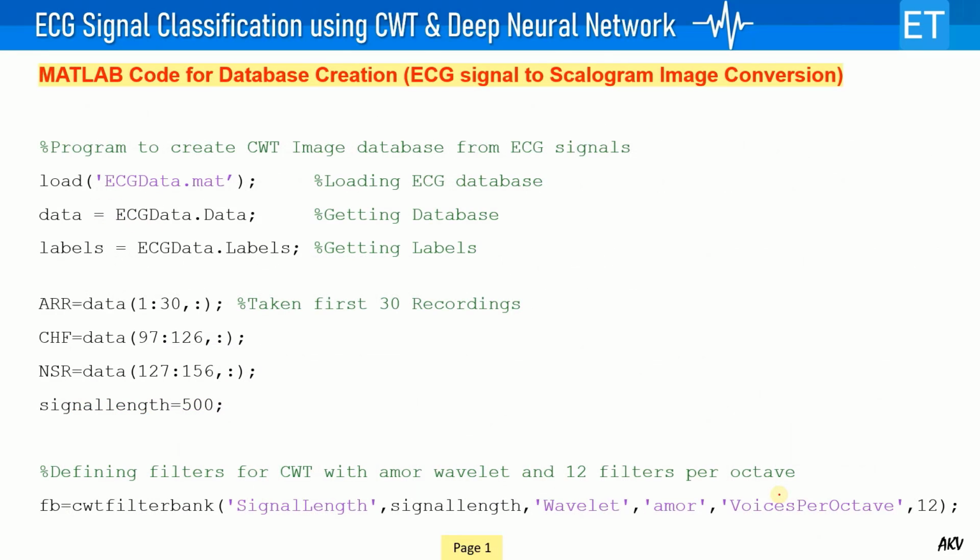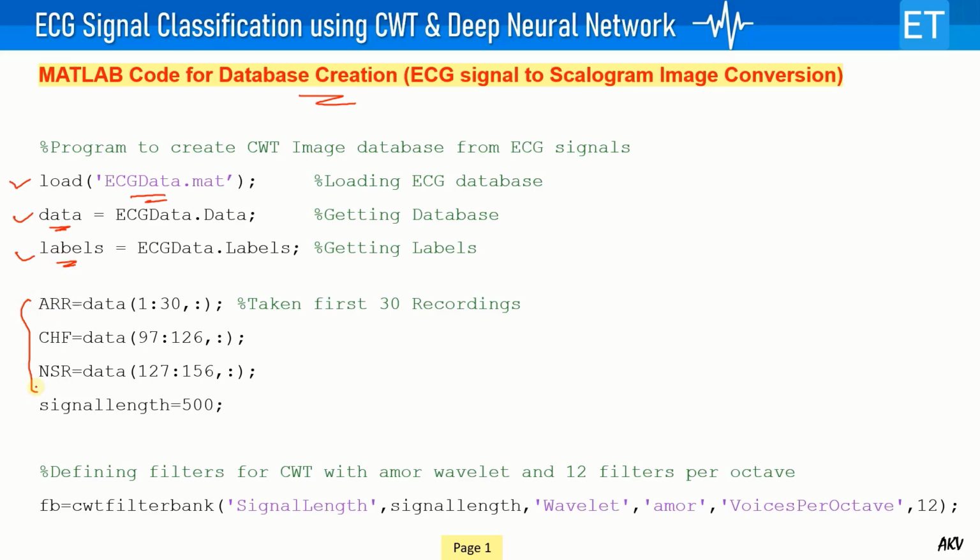This is the MATLAB code for the first database creation, where we will take all the one-dimensional ECG signals and convert them into two-dimensional scalogram images. We can see here that first we load the ECG data.mat that we downloaded from the GitHub repository, and then we get the data and the labels.